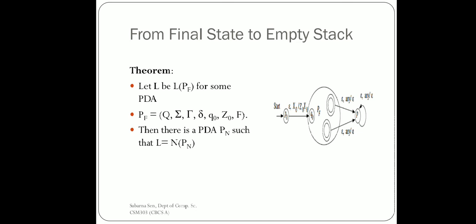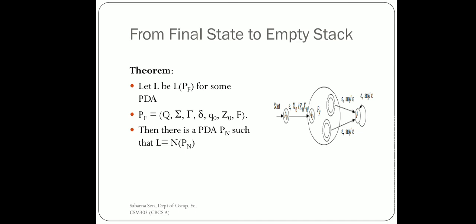From this concept, assuming this PF, we come to the conclusion that if this exists, then there is also a language L which will get accepted by the PDA which comes to the conclusion by emptying its stack.